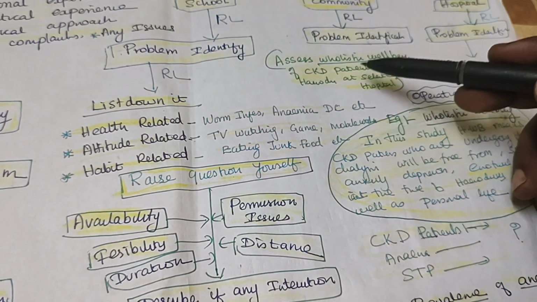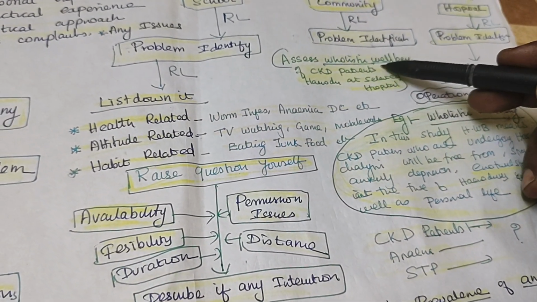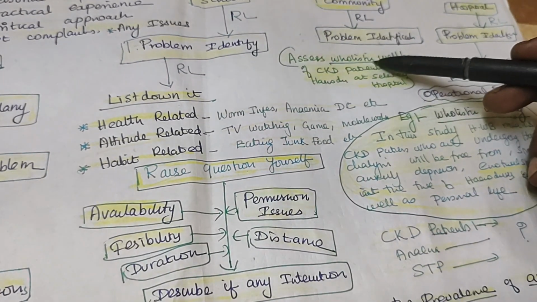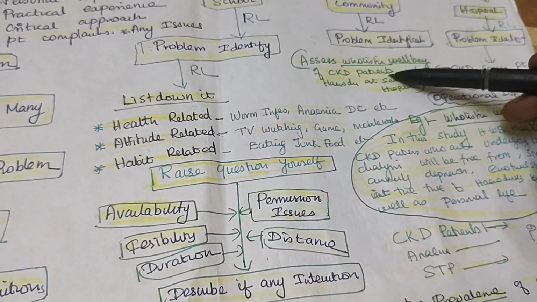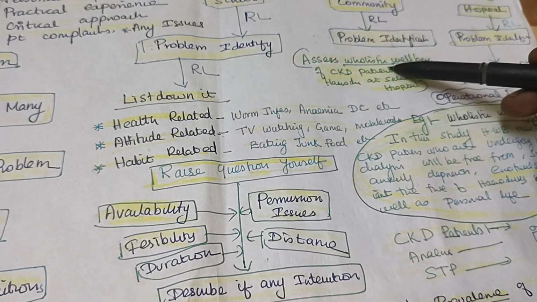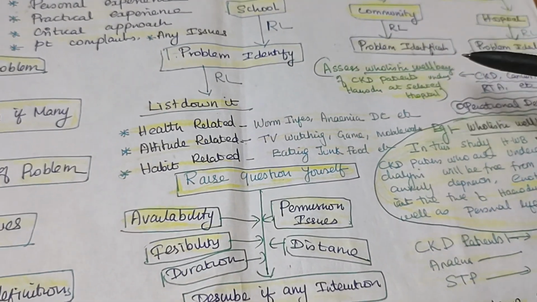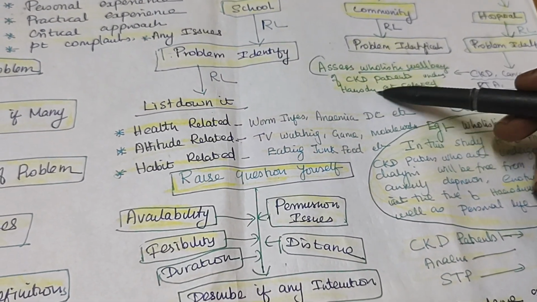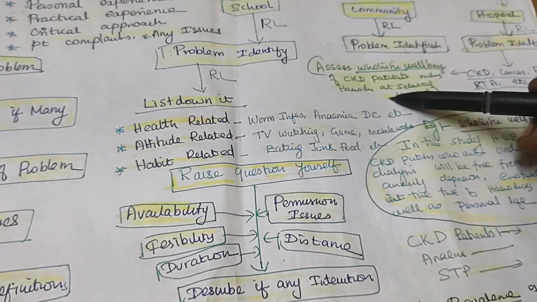It cannot be. First you underline the keywords. You have to underline where you have to explain the operational definition: holistic well-being, CKD patients. Are you understanding? And hemodialysis. What is hemodialysis? You have to explain.